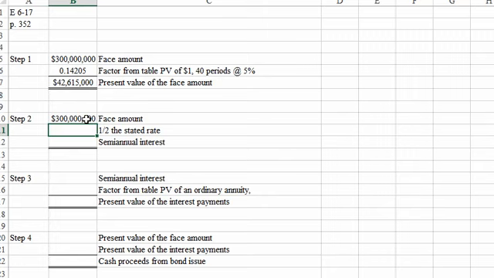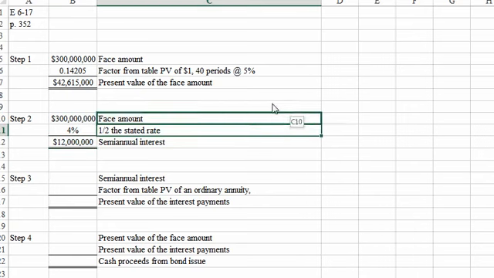So for every 6 months, it would be 4%. So we're going to say 300 million times 4%, and we get $12 million is how much interest they'll owe every 6 months on this bond issue.